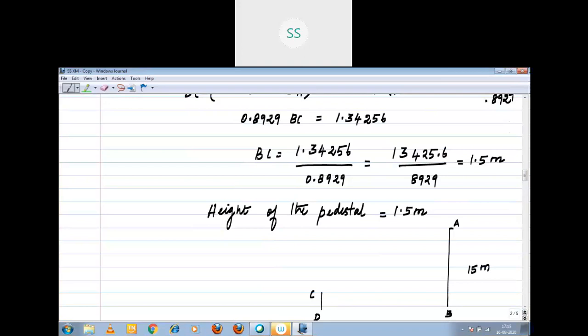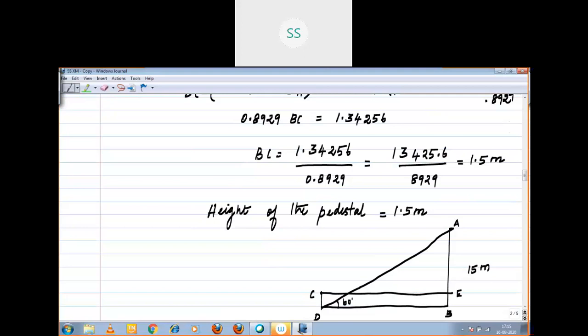You are seeing from the top of the tower, it makes an angle of elevation of 60 degree with the bottom of the electronic pole. That means you are going to connect D to A. Got it? Now you have to connect the base line horizontal. This also you have to draw a perpendicular line towards your tower. Right?